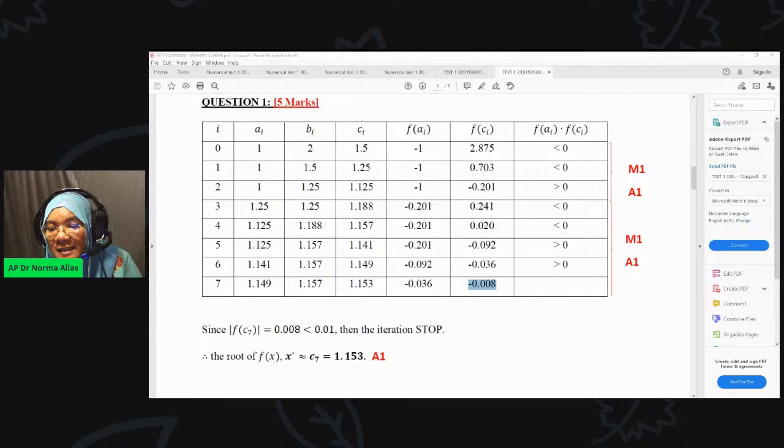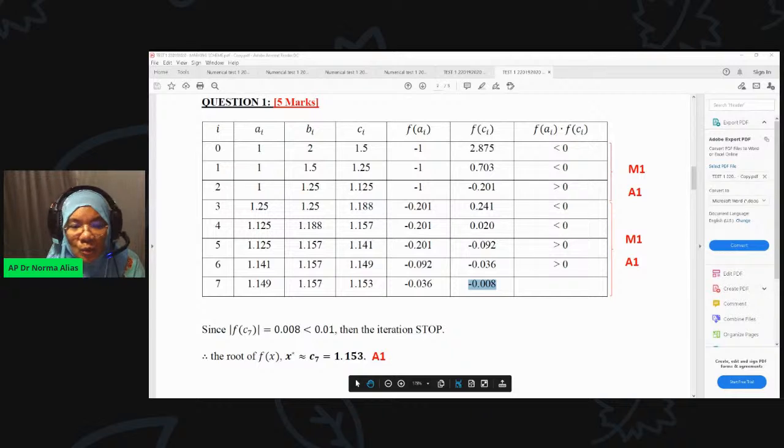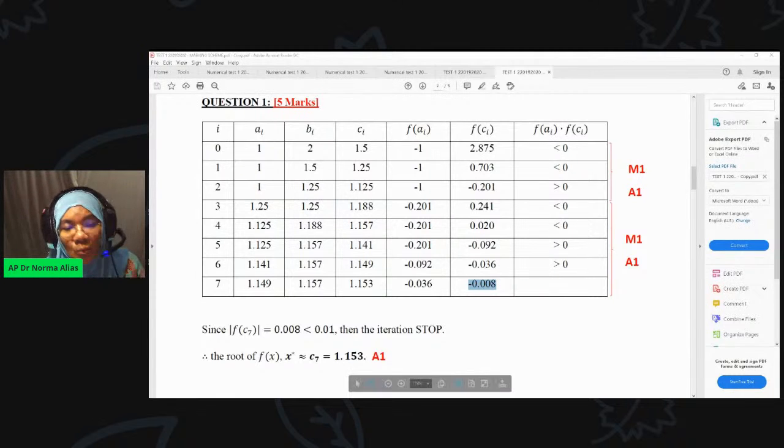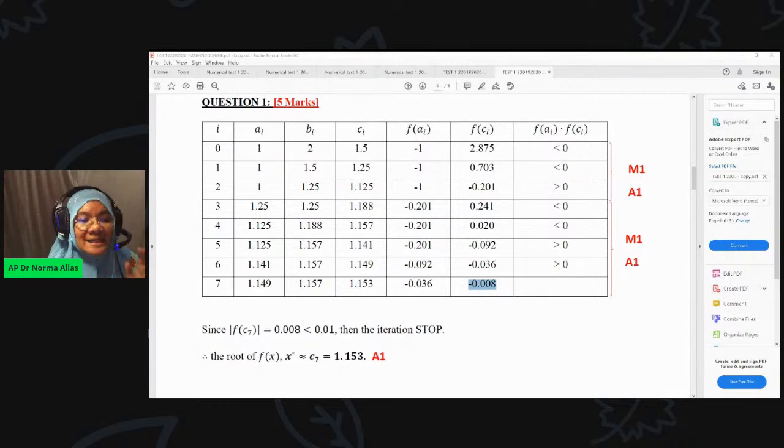The next is how to terminate the iteration. In our case, F(C) is less than epsilon, that is, F(C) is less than 0.01. This is why you terminate at the same iteration, 7. The answer is C7.